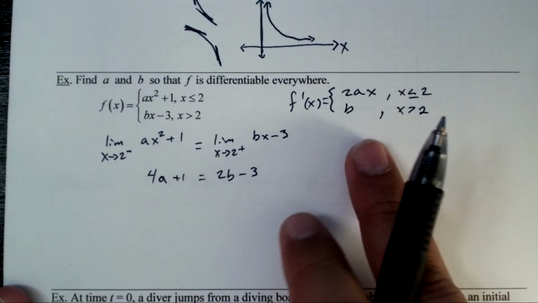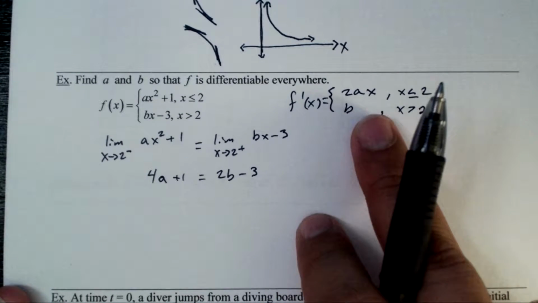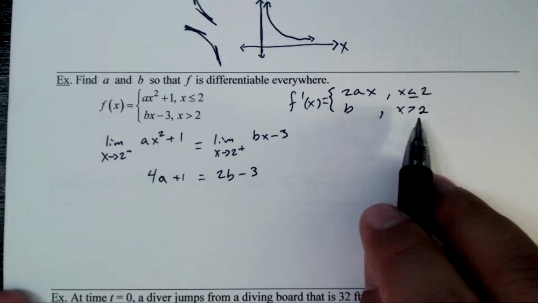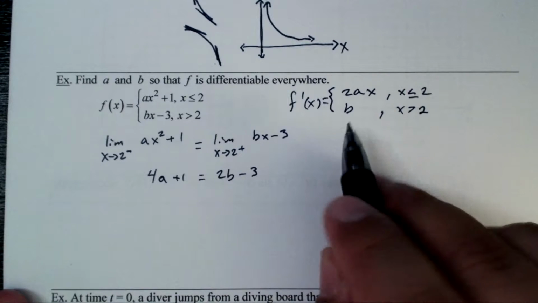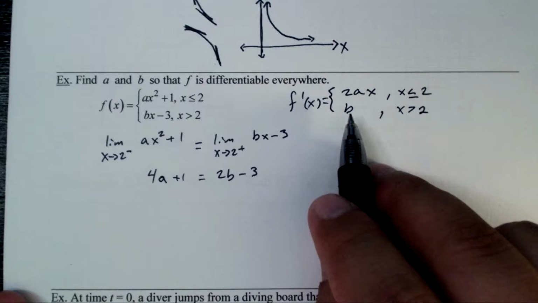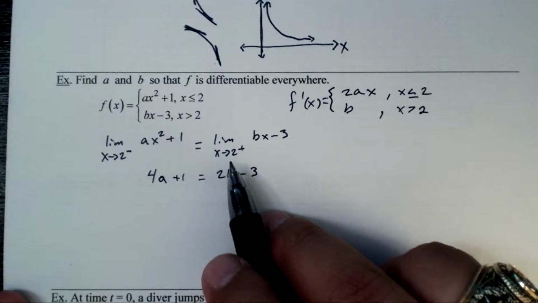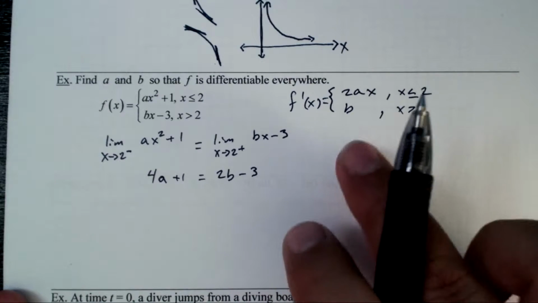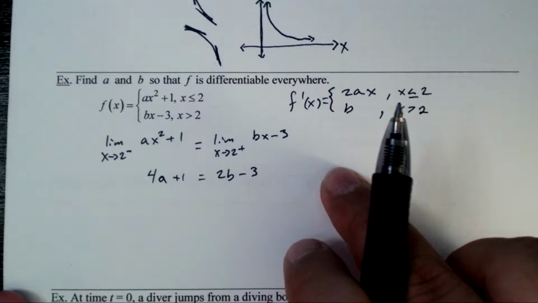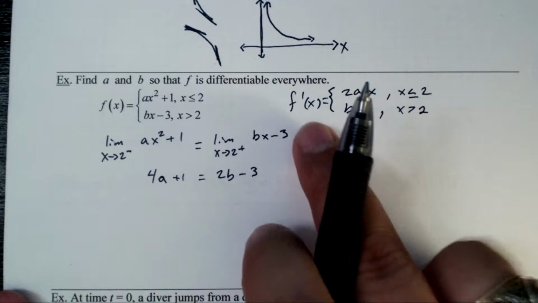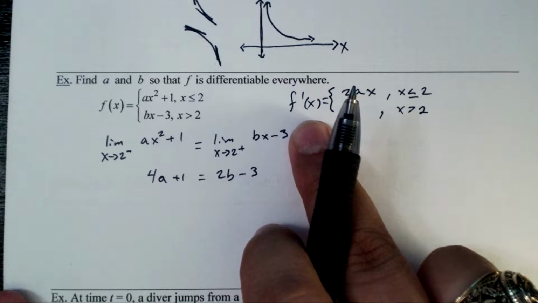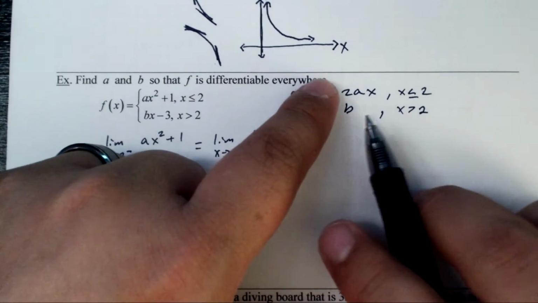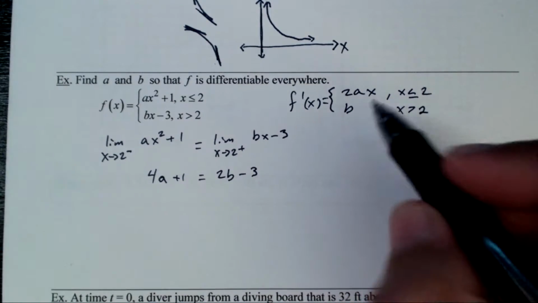So then what we have to establish is that these two are equal to each other, right? So at 2. What we're going to do is essentially evaluate the limit at 2, because what we're saying is that if the tangent is the same, then the limit of the derivative function as x approaches 2 must be equal on either side, as you approach from the left and from the right.